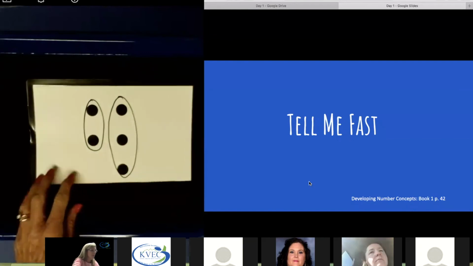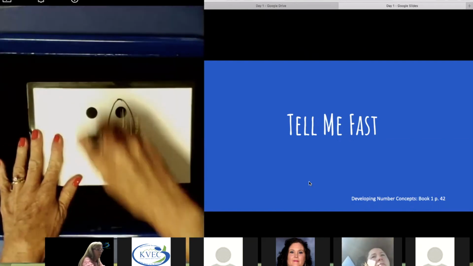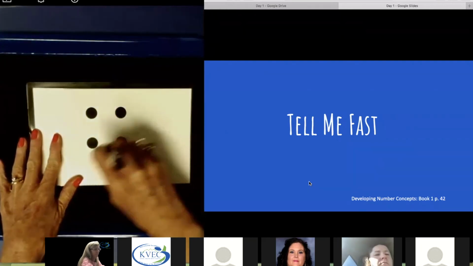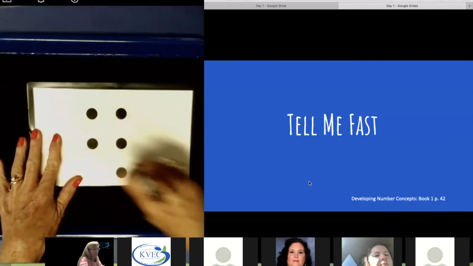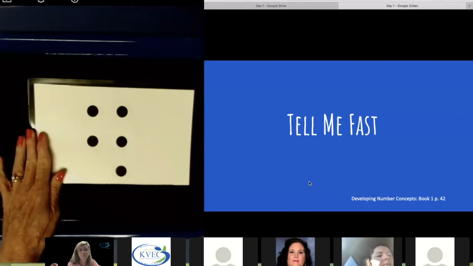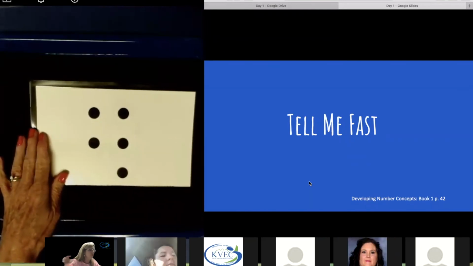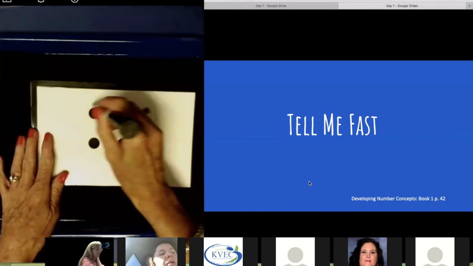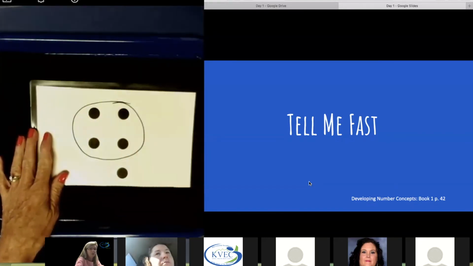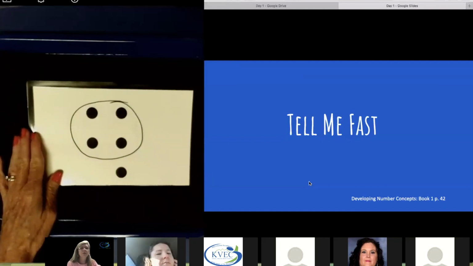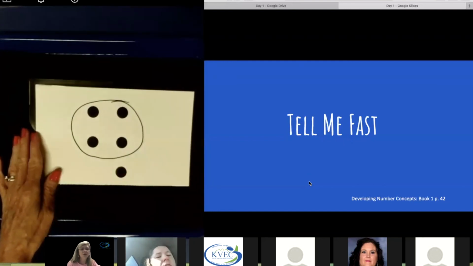All right. So we talked about what she saw. Did someone see it differently? I seen 4 and 1. Okay, 4 and 1, right. Keisha, you saw that dot pattern, didn't you? Is this what you saw? 4 and then the 1. Yeah. So you see how we can have lots of conversation about this?